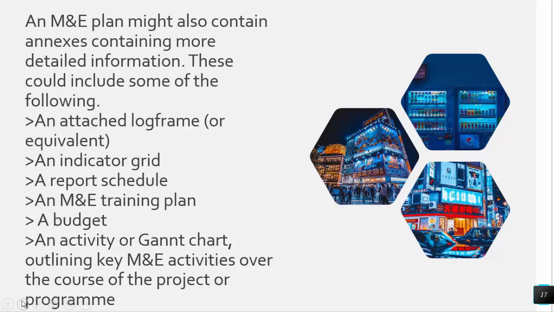So you'd actually discover that the plan will be a very big document, like a Bible for some projects, because you have attached in it the log frame, indicator reference sheets, indicator grids, reporting schedules, M&D training plans, the budget, the Gantt chart.